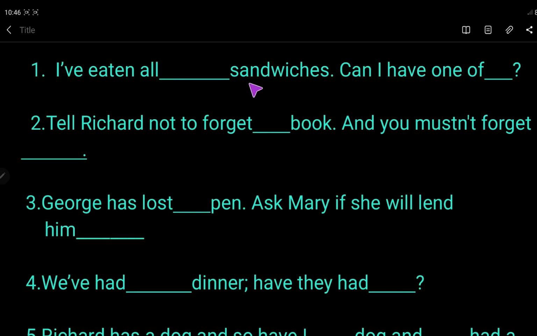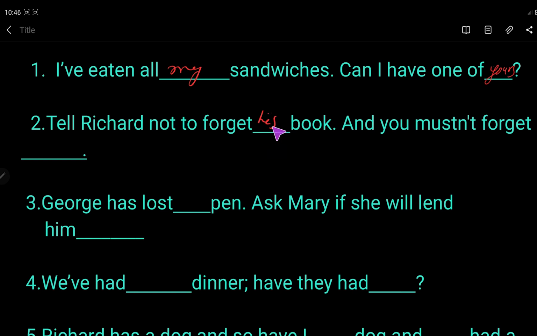Here the sandwiches is a noun. I told you if you find a noun after the blank, you will use possessive adjective. So, I have eaten all whose? My sandwiches. Can I have one of yours? Tell Richard not to forget his book.